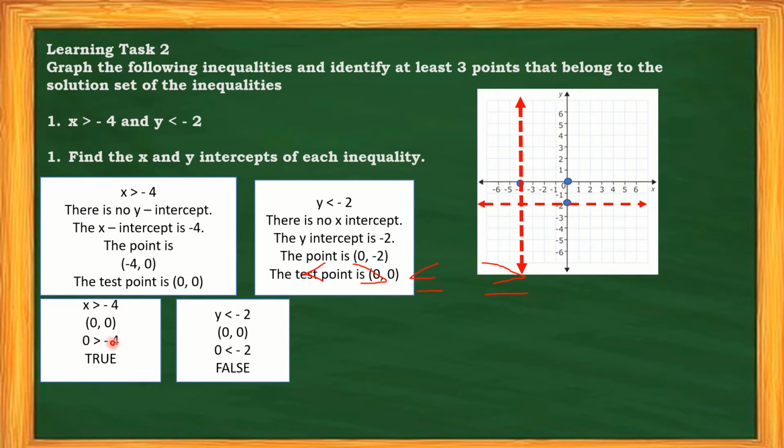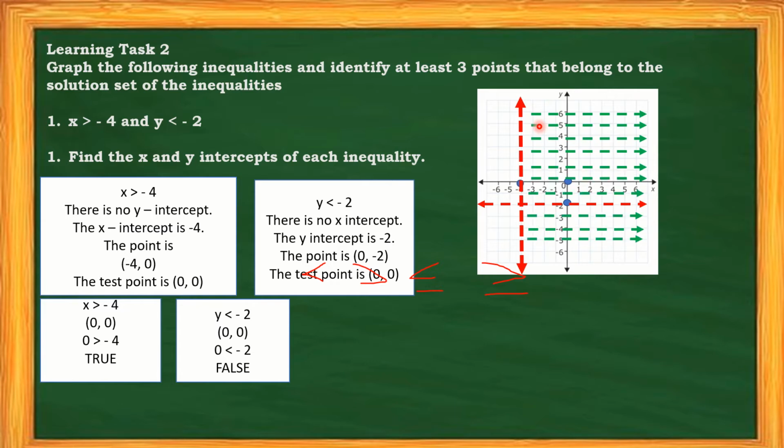So 0 is greater than negative 4, and that is true. Because it is true, the shaded region of this graph passes through 0, 0. So this will be its graph.